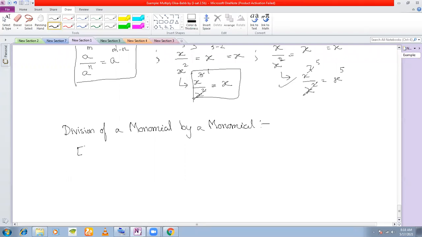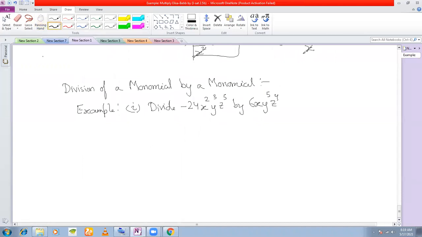The first example I take here is divide minus 24 x square y cube z to the power of 5 by 6 x y to the power of 5 z to the power of 4. Okay, let us see how to divide these two monomials.